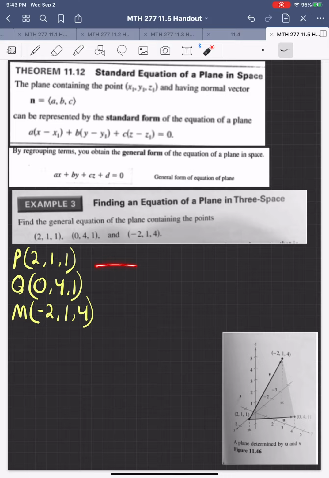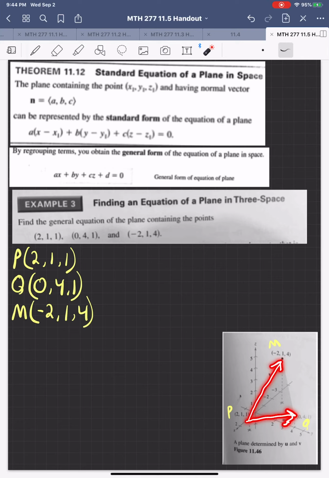If you follow me to my picture over here, this is point P, this is point Q, and this is point M. So let's think about the vector P to M and the vector P to Q.